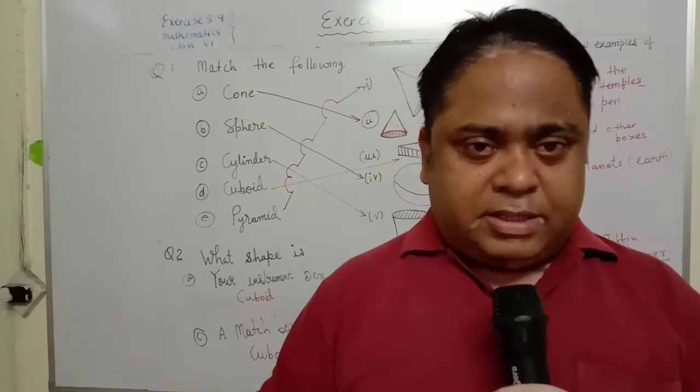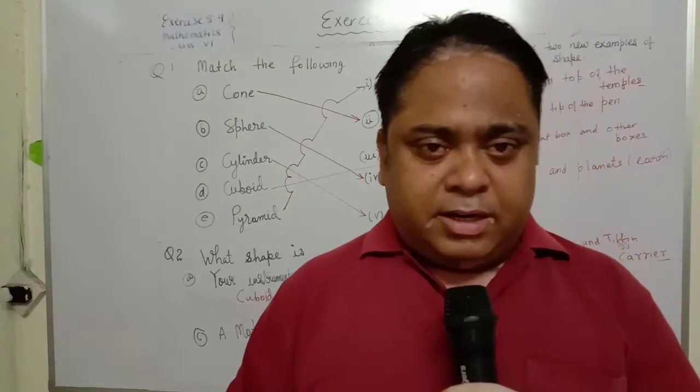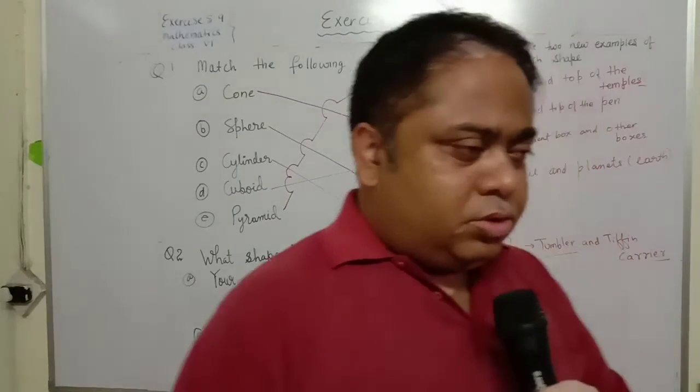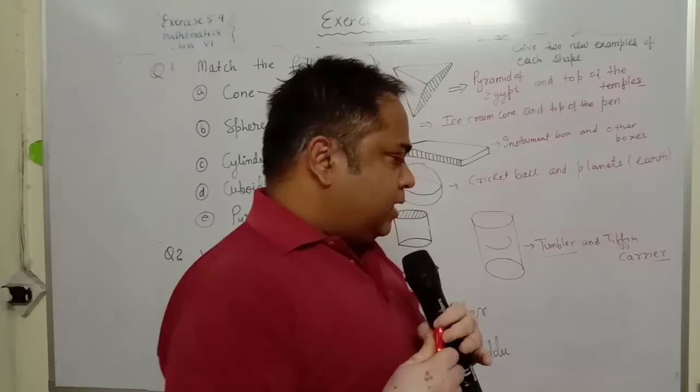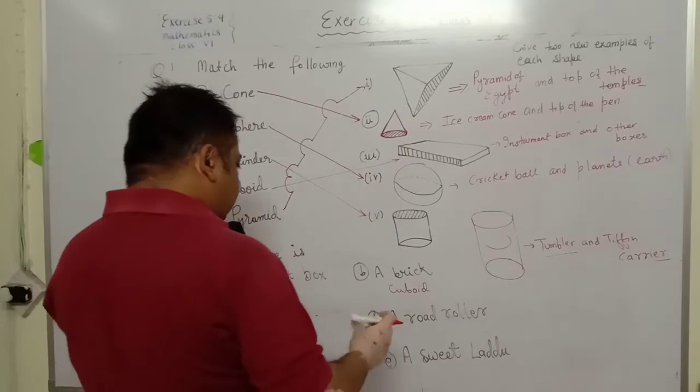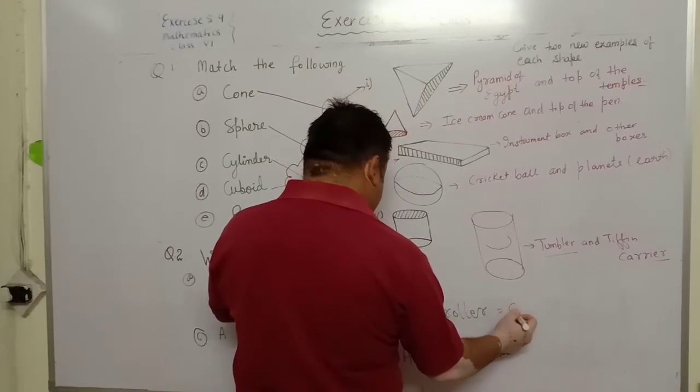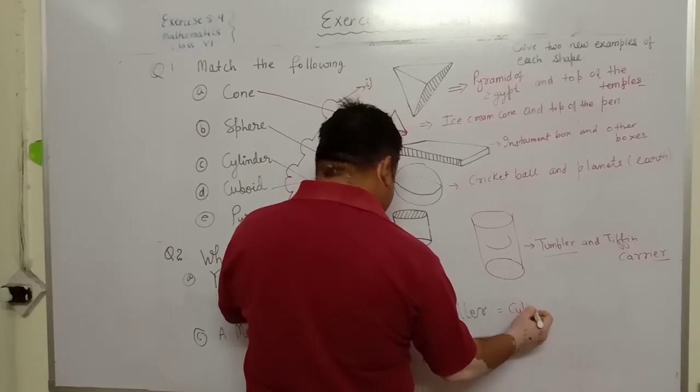These all are pressed with the help of this heavy cylinder. So actually this question does not mean the whole vehicle but the cylindrical part of that. So we can write cylindrical part.